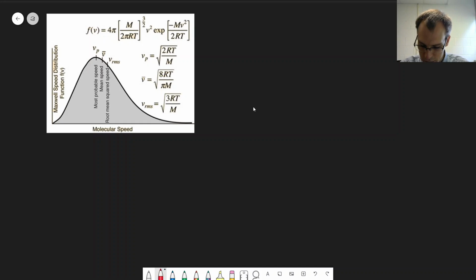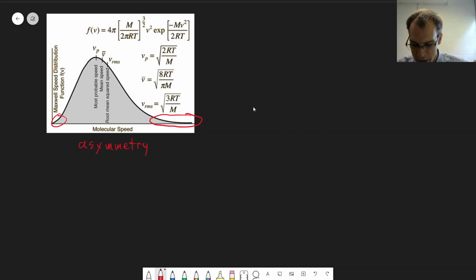And so we have this asymmetric shape, with a longer tail on the right at higher speeds compared to lower speeds. We of course go to 0 at 0. There are no particles moving at 0 speed, but we get a long tail of things moving very quickly.